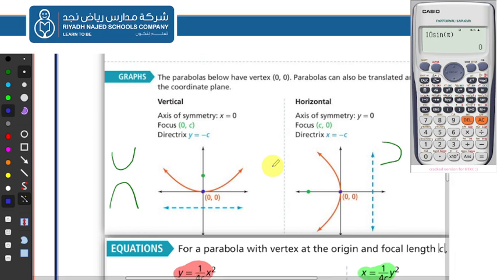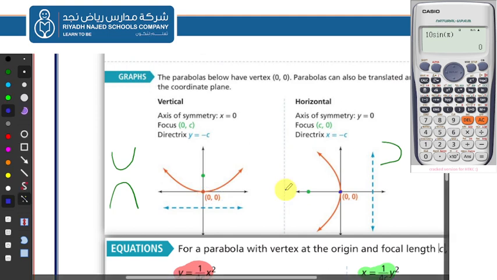Here too, even for this horizontal parabola, the vertex is exactly at the origin. So we will start with these types of parabolas, where the vertex is exactly at the origin of the coordinate system at 0, 0. So the coordinates of the vertex here are simply 0, 0, because it is the same as the origin.